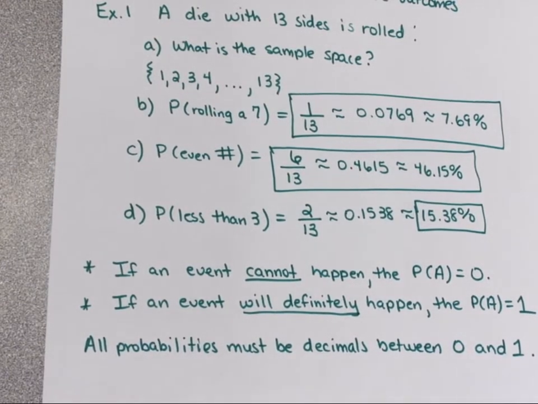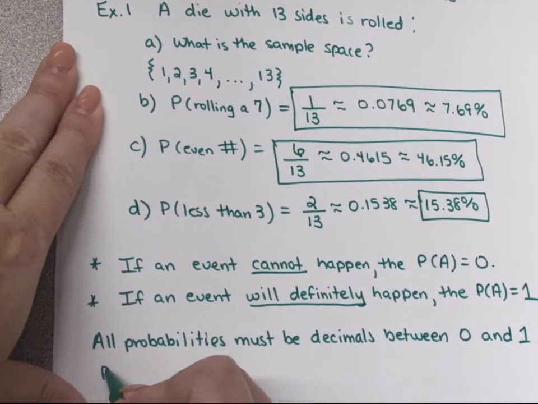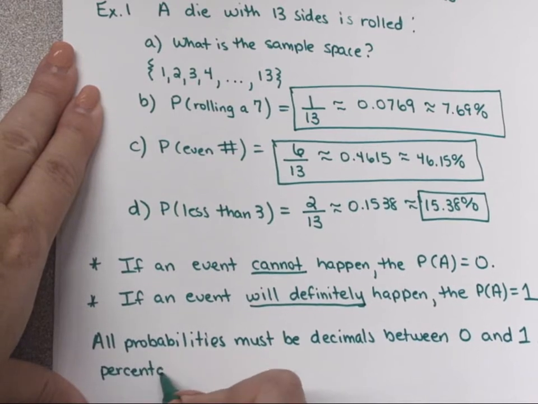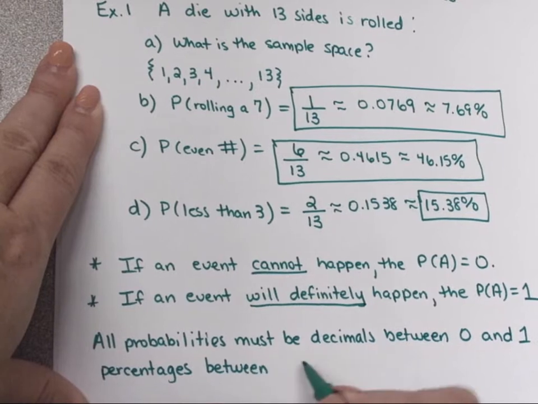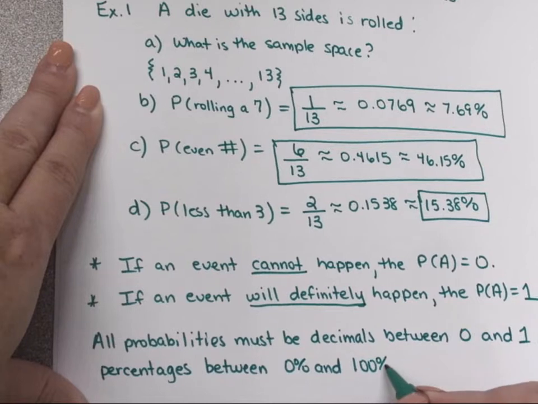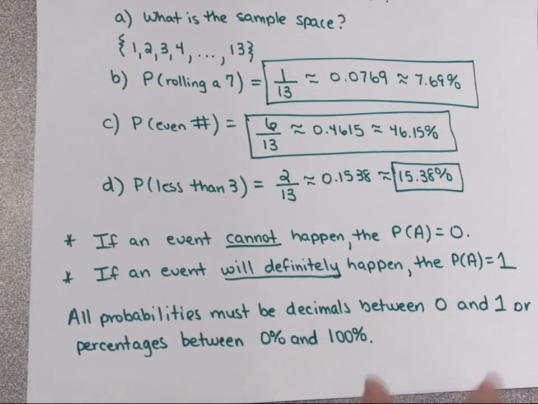If you want to, you could write under that, or percentages between 0 and 100%. I'll specify what format I want it in. Basically, I want you to be able to change it freely from fraction to decimal to percentage form. I want you comfortable with all three, and then it shouldn't matter which one I ask you about.